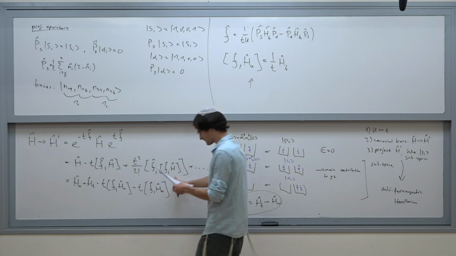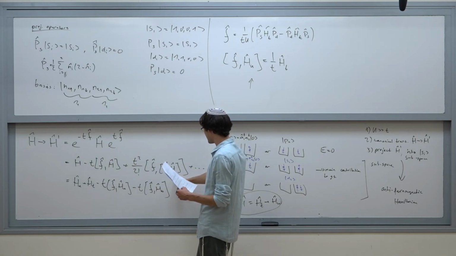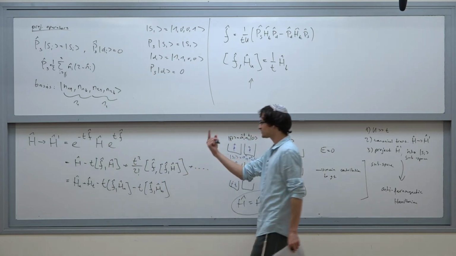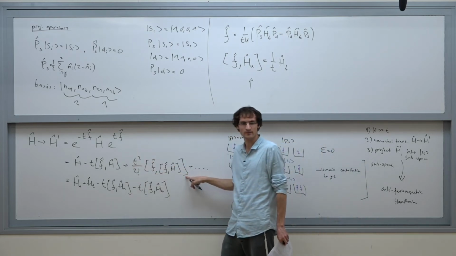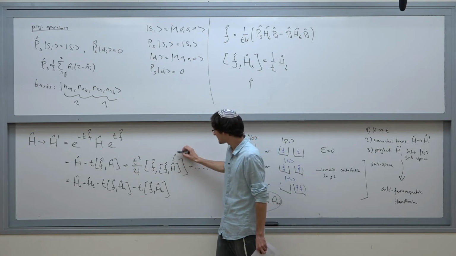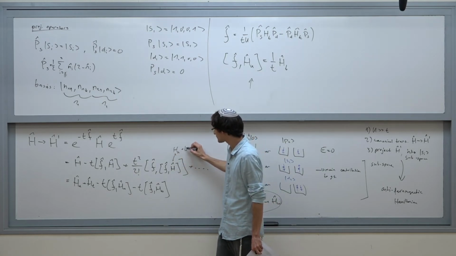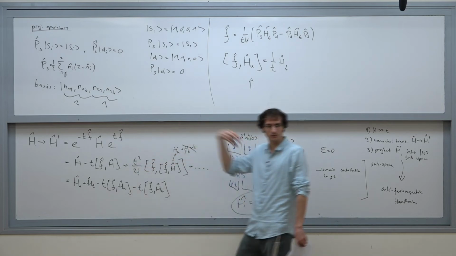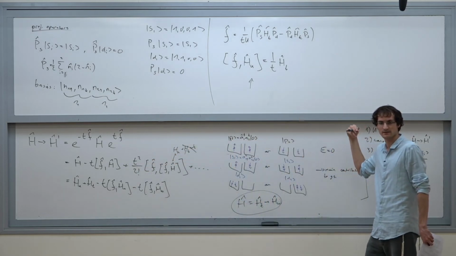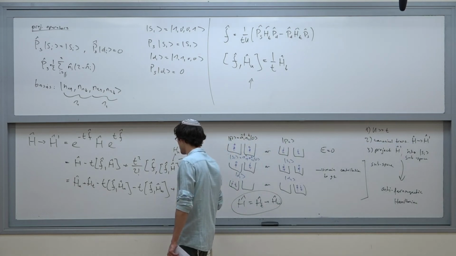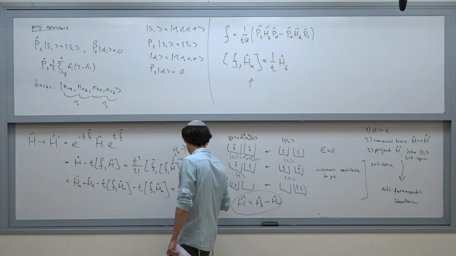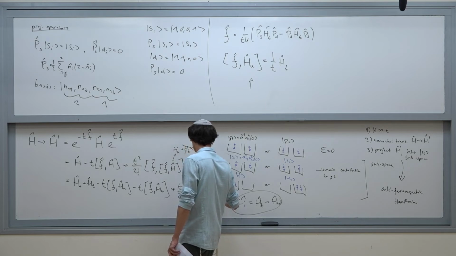And then also here I get the same thing. But remember, I'm keeping only second order terms, and HT has a T in it. So if I put HT here, this becomes a third order term. Only the contribution with HU is a second order term. So this will disappear. This goes like T, so it'll cancel because I'm removing all T to the third and above. So I have to keep one term here, which is T squared over 2 HU.